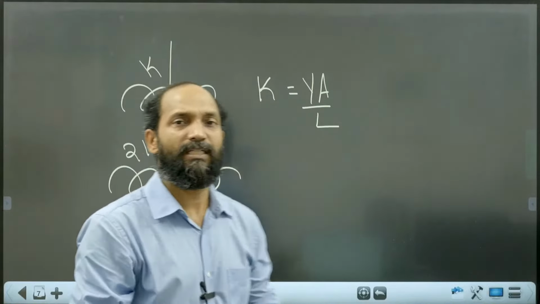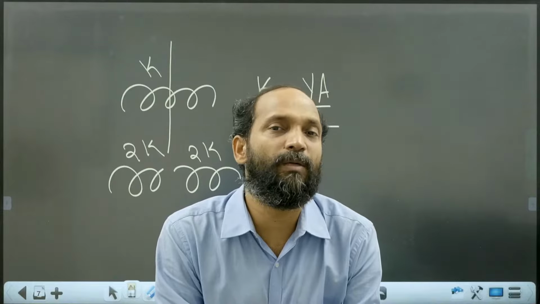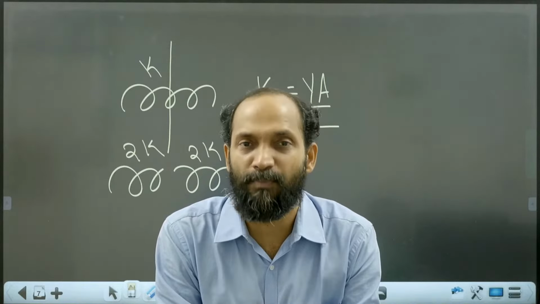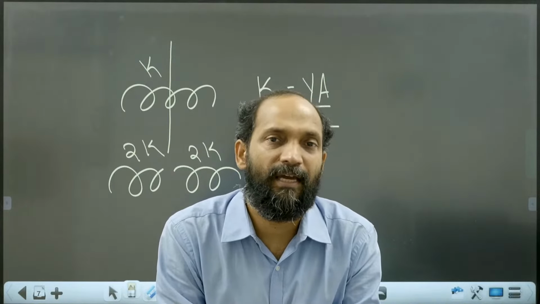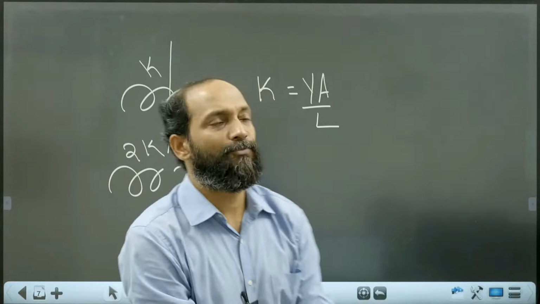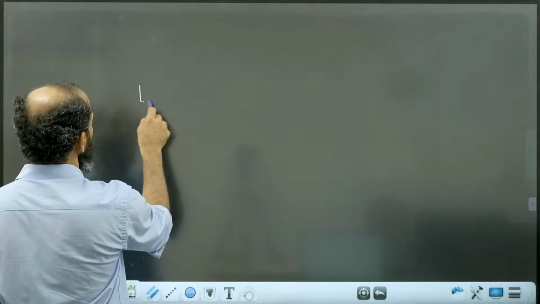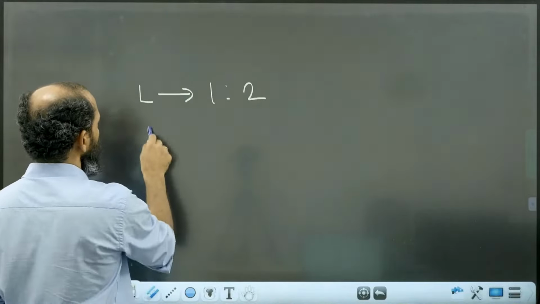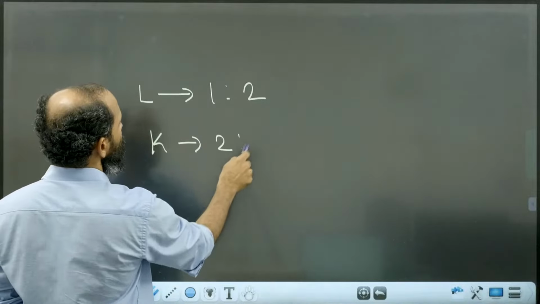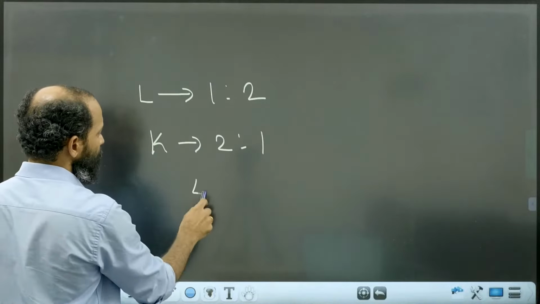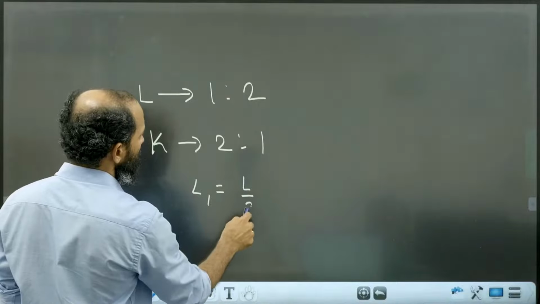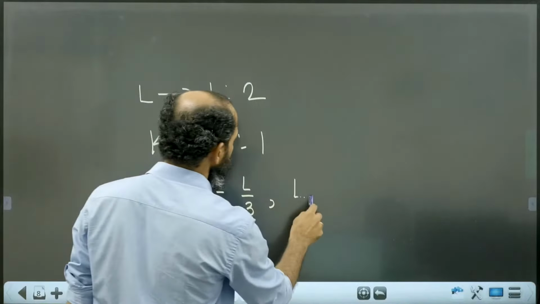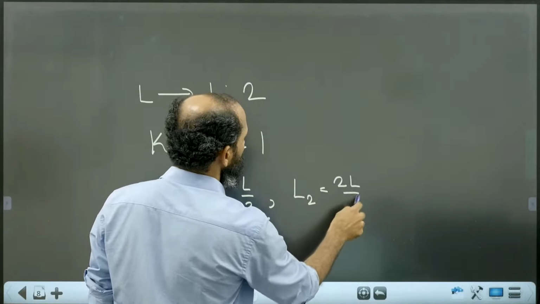So when you cut a spring into 3 equal pieces, what is the spring constant of each part? 3k, 3k and 3k. Okay, if you cut into different ratio, suppose the lengths bear the ratio 1:2, the spring constants bear the ratio 2:1. So the length of the first spring may be L by 3, the length of the second spring may be 2L by 3.